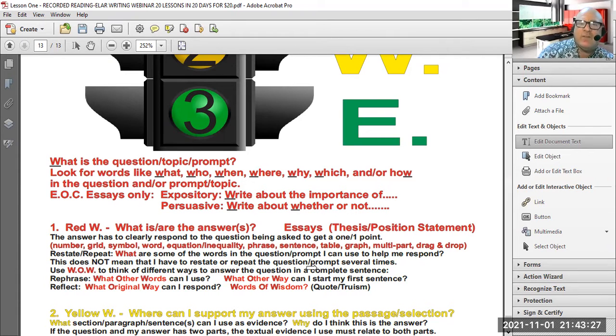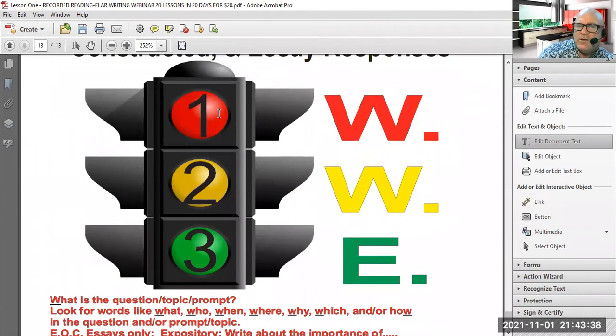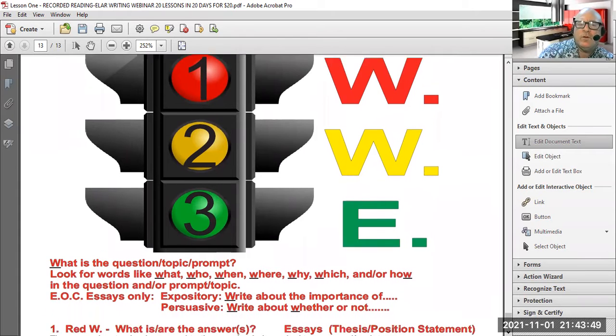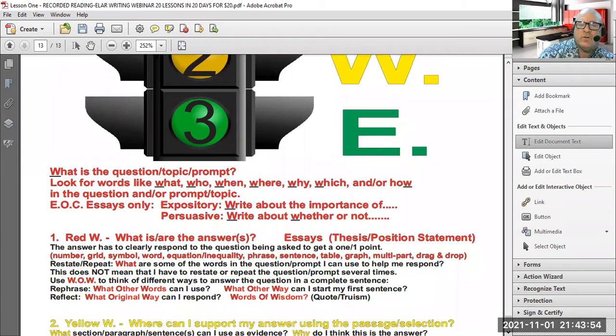If that's all you do, just repeating the question over and over, it's probably not going to help you at all. You might squeeze out a 1 with some readers, but on an extended or essay response, if all you're doing is repeating words from the prompt or the passage over and over, you're probably going to end up with a 0.